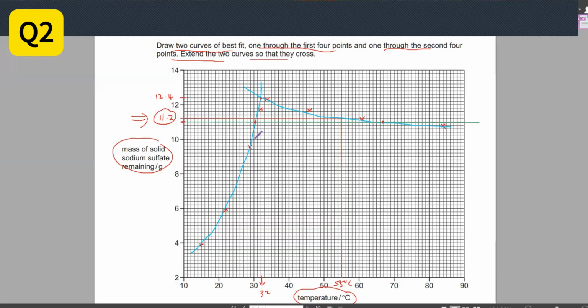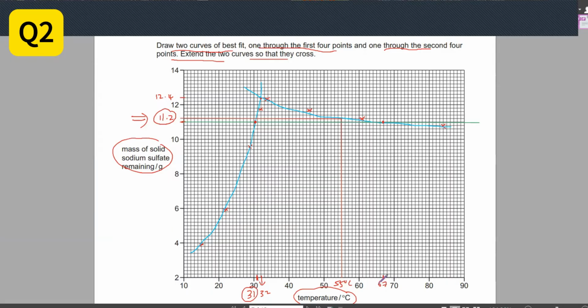So if we take the reading, we will get around 31, 30.5, around 31 here. And then here it is around 67.